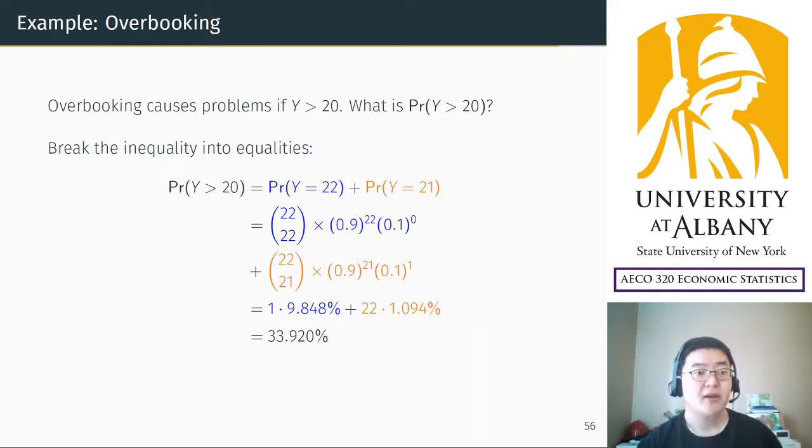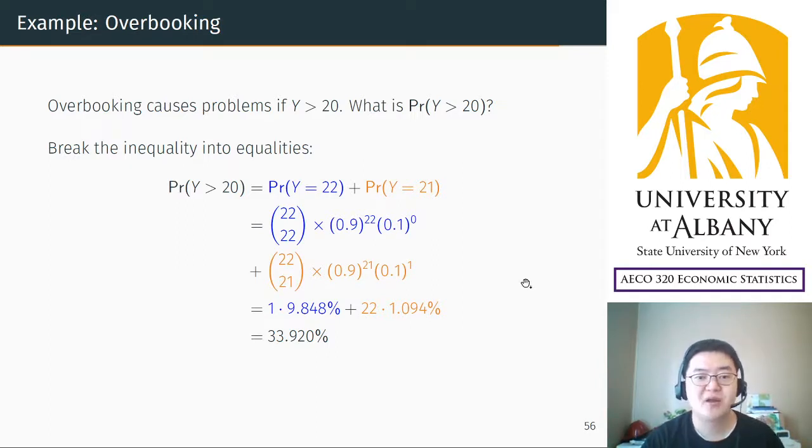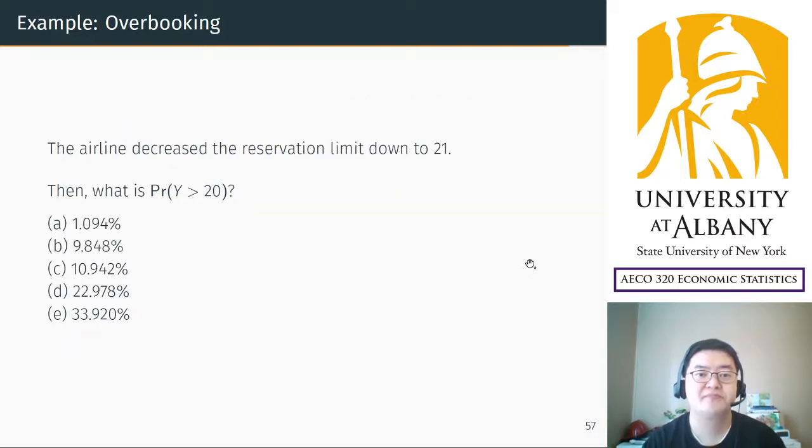If you multiply them and sum, you get 33.920%. In many examples, you want to calculate a probability defined by an inequality, which is more complicated. Already the probability for one value is complicated, but with an inequality it's even more complicated. But with Excel, you are going to use a calculator or a program, so it shouldn't be a big problem.